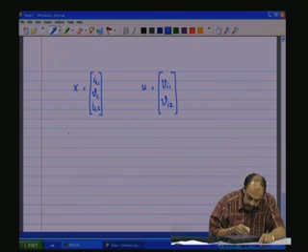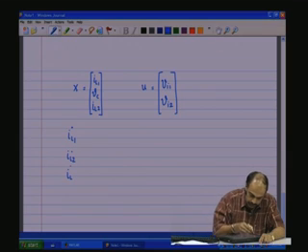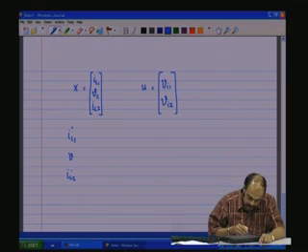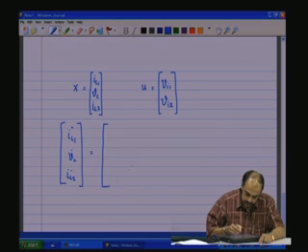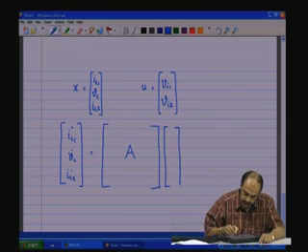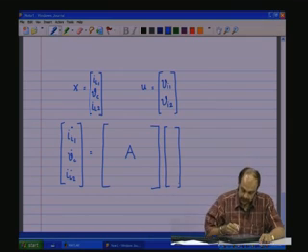So, you will find IL1 dot, Vc dot, IL2 dot, I made a mistake here, I apologize, is equal to the A matrix, which is basically the function of all the parameters of the circuit, the R1, R2, all those things.